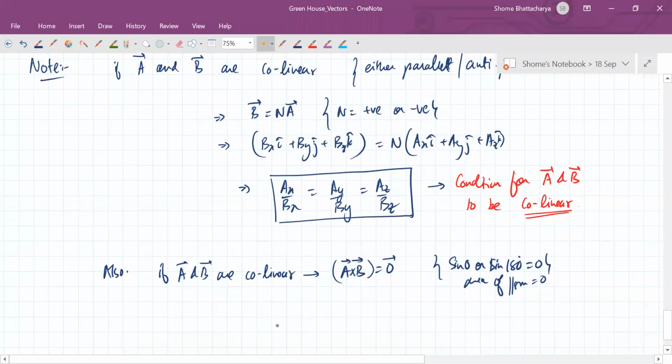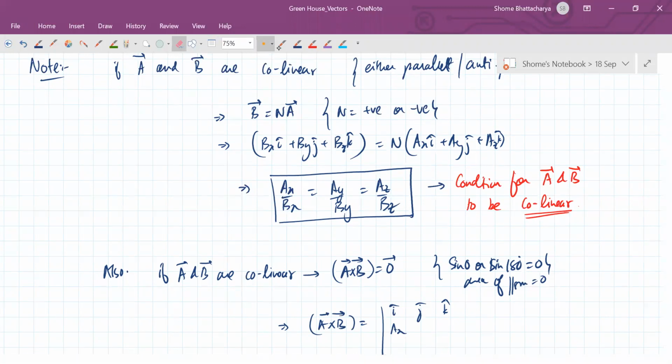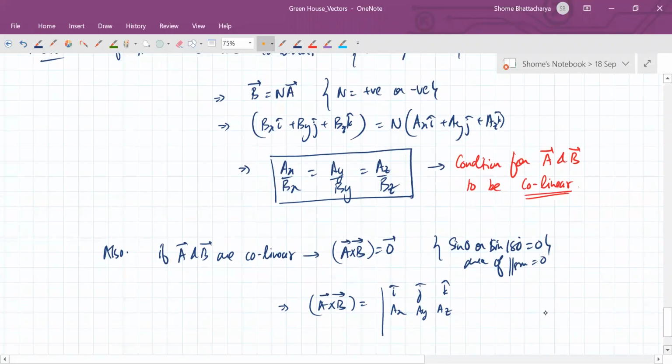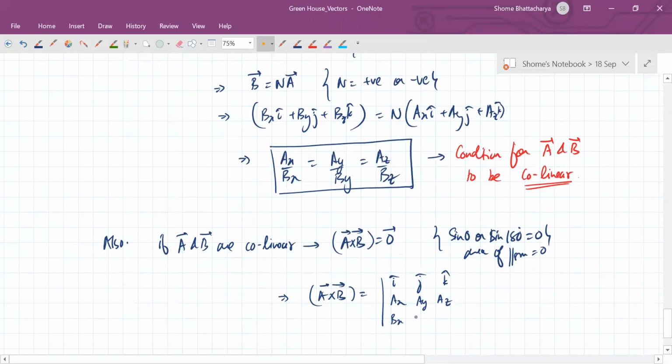So if you put this condition here, A cross B is the determinant of i, j, k.